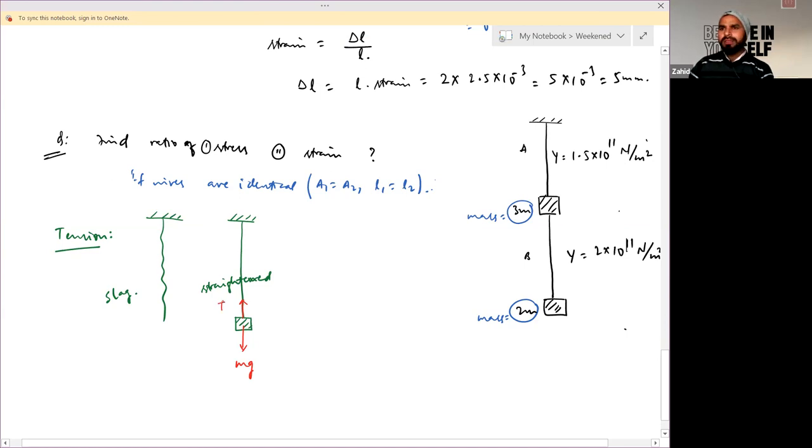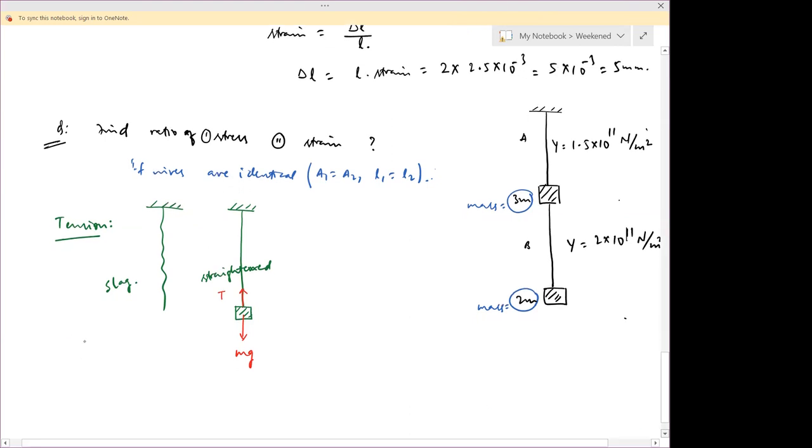So tension is nothing but a force which develops in wire, string, rope due to its straightness in opposite direction at the point of contact. Is it clear?